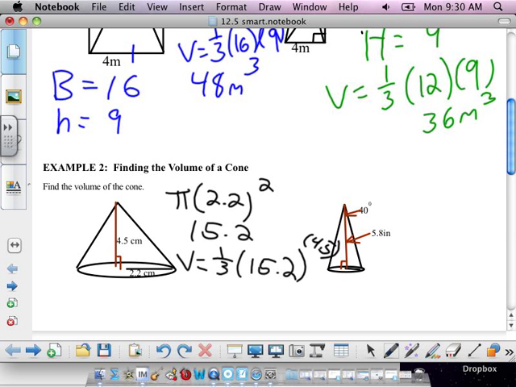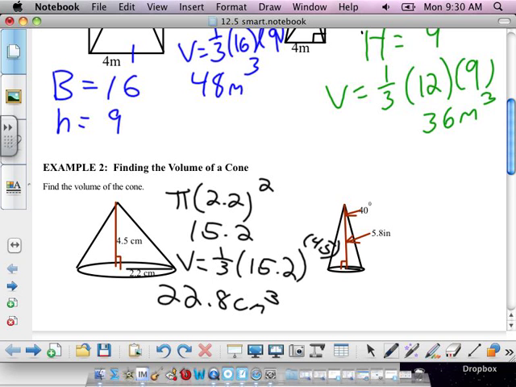So that first part was just the area of the bottom. So we've got 1/3 times 15.2 times 4.5. I get 22.8 centimeters cubed.